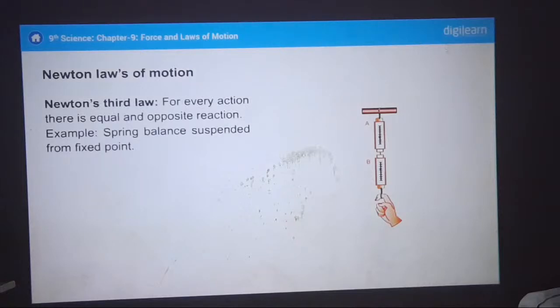Newton's third law. It states that for every action there is an equal and opposite reaction. Of the two forces which participate in the mutual action of any two bodies, one is termed the action and the other one is the reaction. Two springs A and B are suspended from the hook. Both the springs have the same reading.